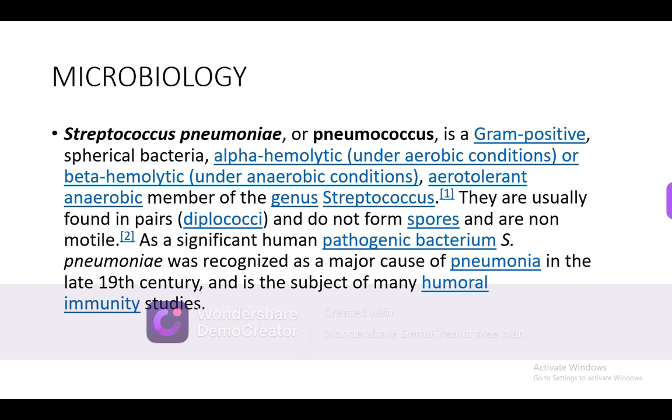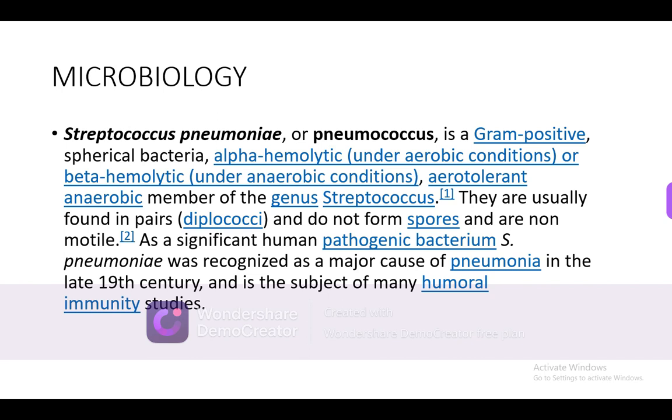As a significant human pathogenic bacterium, Streptococcus pneumoniae was recognized as a major cause of pneumonia in the 19th century and is the subject of many humoral immunity studies nowadays.